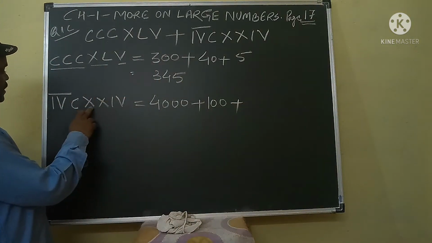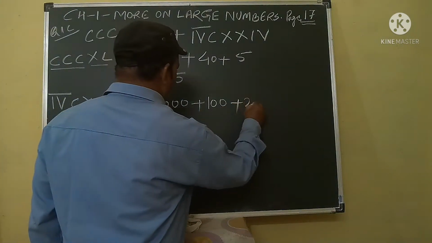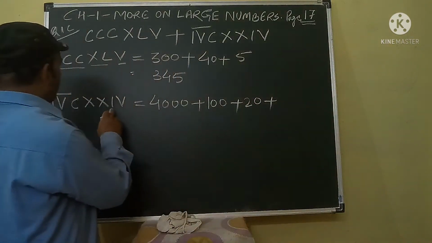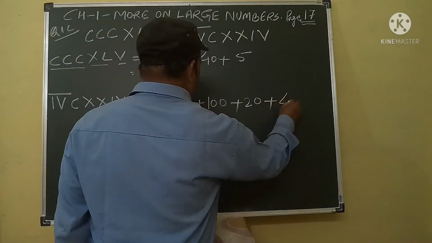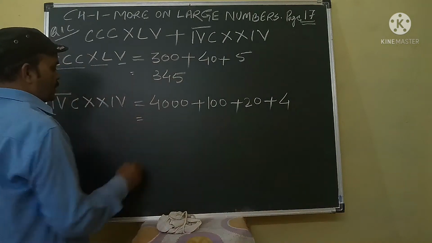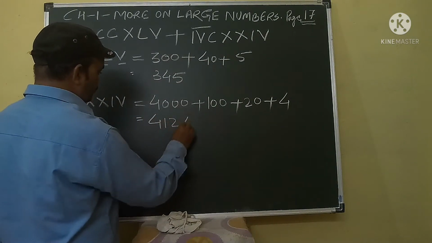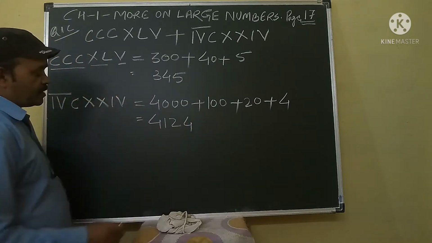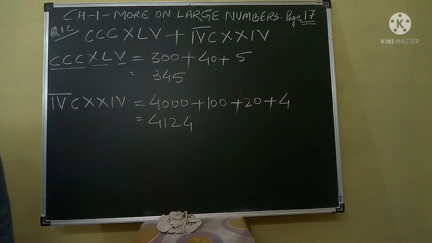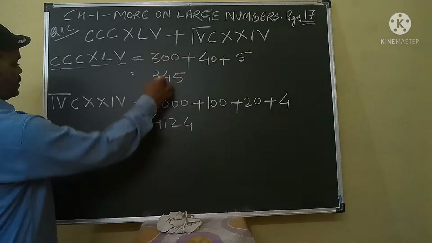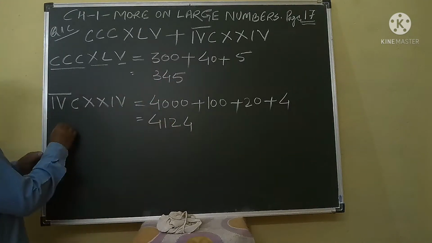XX, 10 plus 10, means 20. IV means 4. Okay. Then after you will add, you will get the sum 4124. Okay. Then after we will add these two natural numbers.